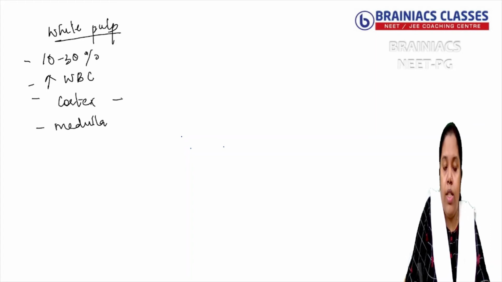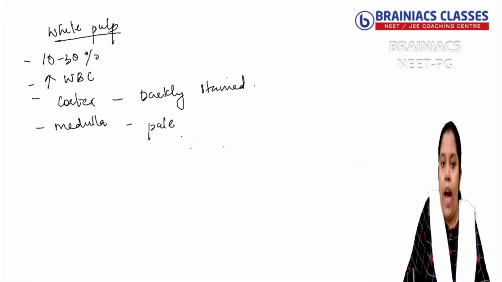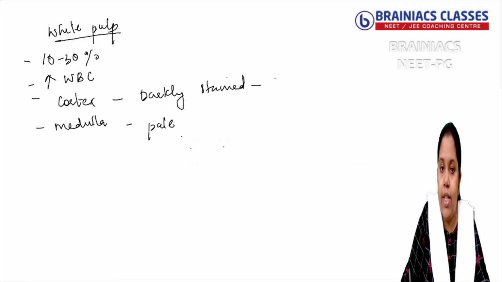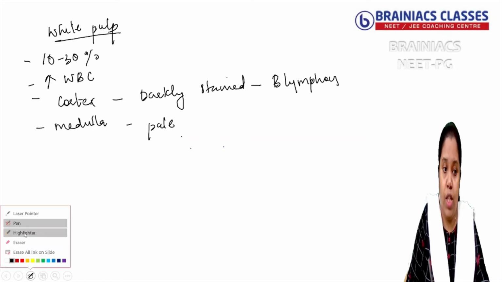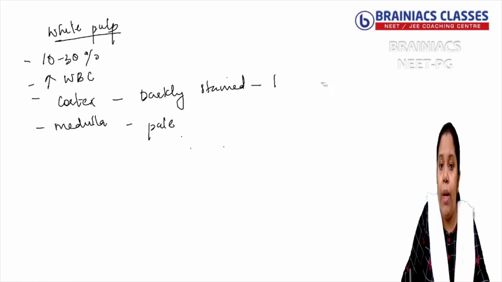The cortex is darkly stained, and the medulla is pale. Why darkly stained? Because it has B lymphocytes. Sorry, the cortex has T lymphocytes and the medulla has B lymphocytes.